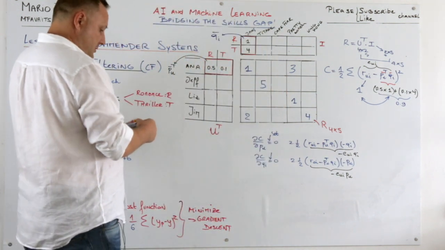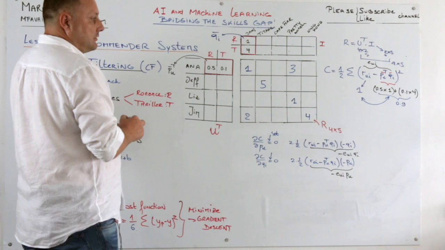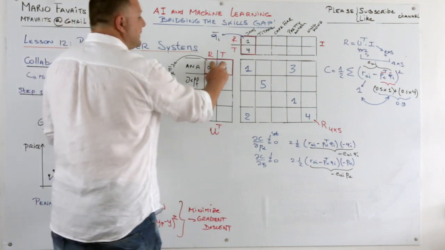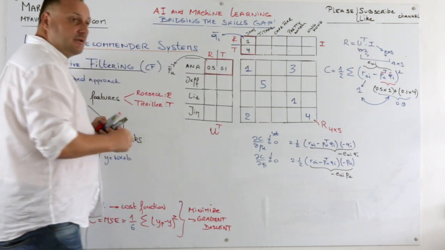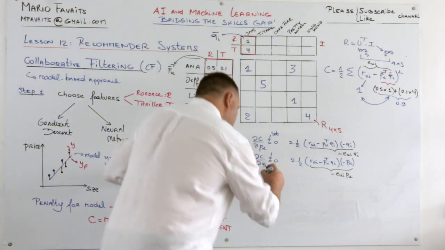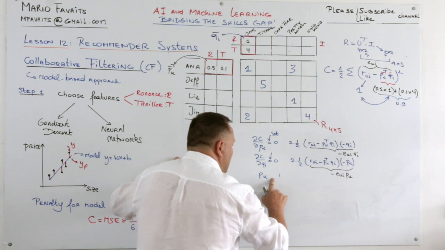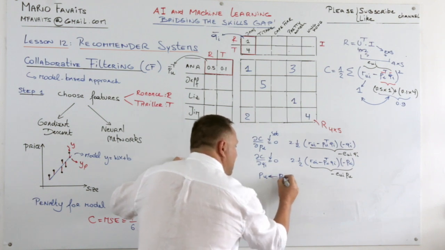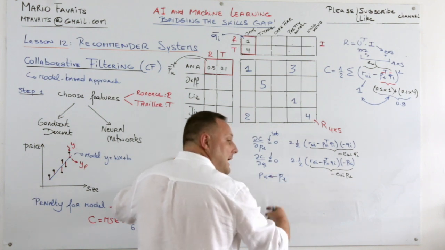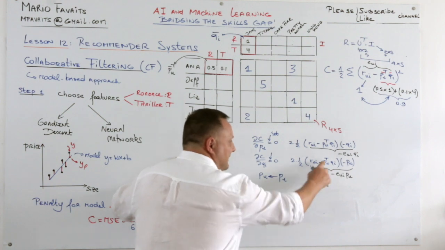Okay, so what is the update rule? So what are the new values of P and Q going to be? Well, the new value for P will be the old value of P, yeah, and then minus the learning rate times the derivative.